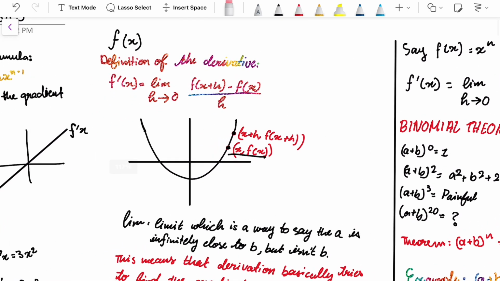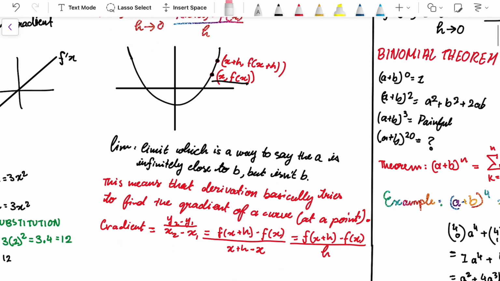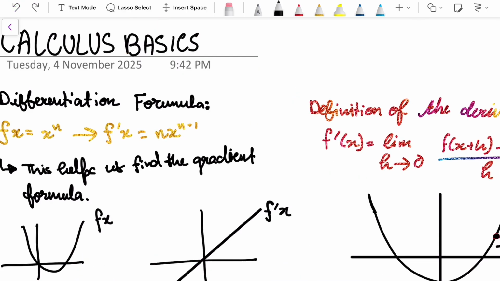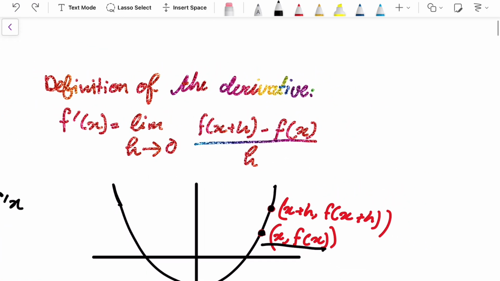Cool. Now what we're going to do is use a thing called a limit. A limit is a way to say that something is infinitely close to something else. So let's say A is really, really close to B, but it isn't equal to B. Here we're going to use the limit as h tends towards 0. h is almost 0, but it isn't quite 0.